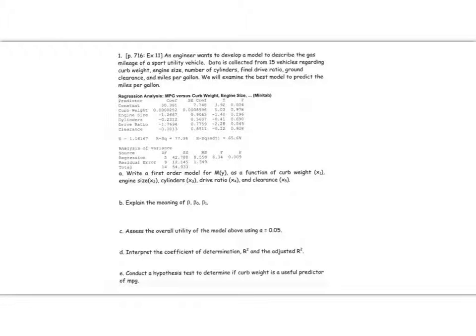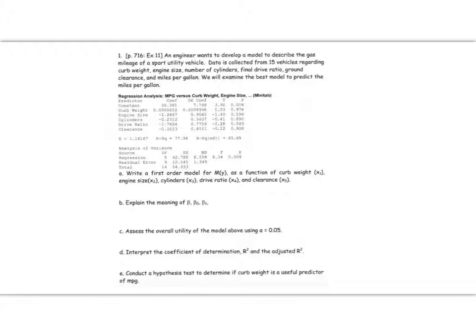So in our first example, we have an engineer who wants to develop a model to describe the gas mileage of a sport utility vehicle. Data is collected from 15 vehicles regarding the curb weight, engine size, number of cylinders, final drive ratio, ground clearance, and miles per gallon.